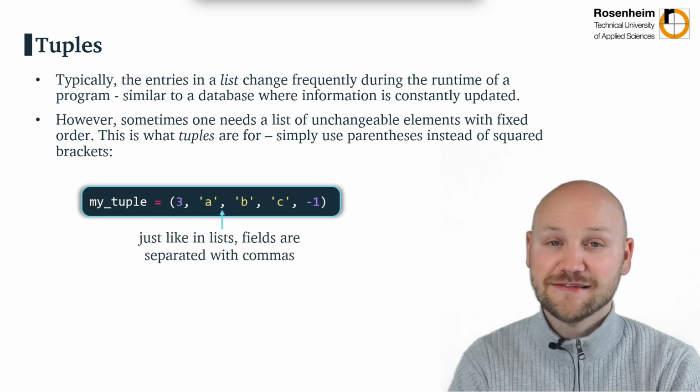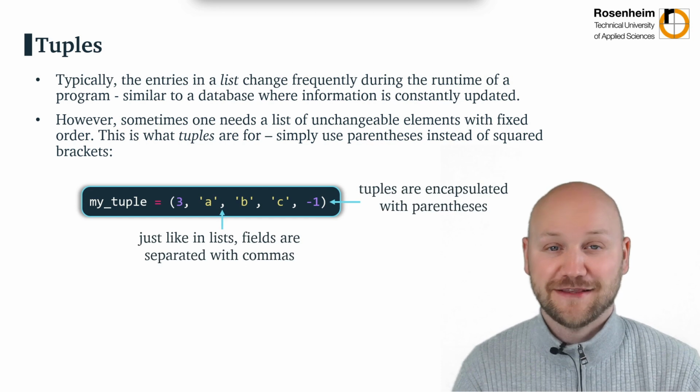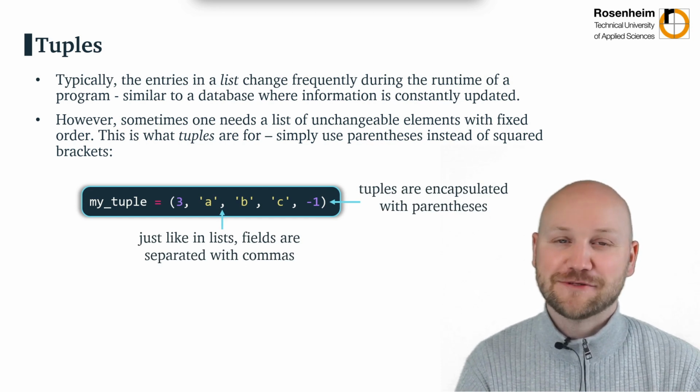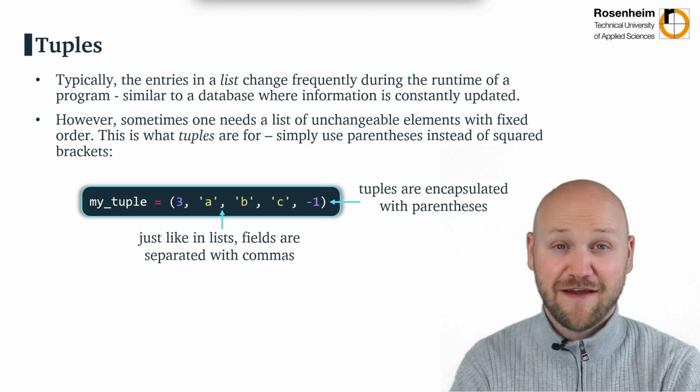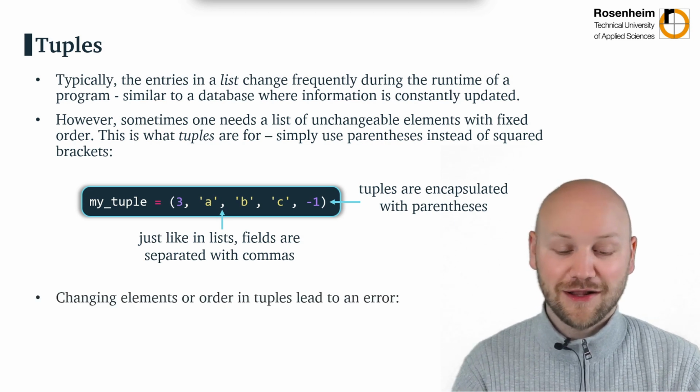And just like lists, fields are separated with commas, but again, we are encapsulating it. That is not a list anymore, it's a tuple, we encapsulate it with parentheses. And very important now, changing elements will lead to an error.